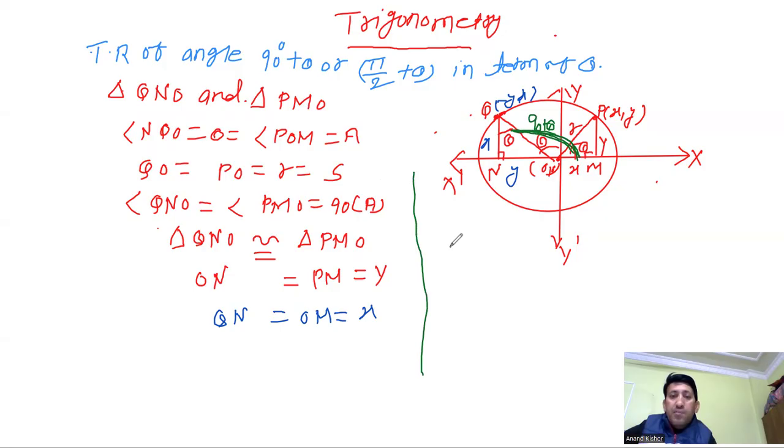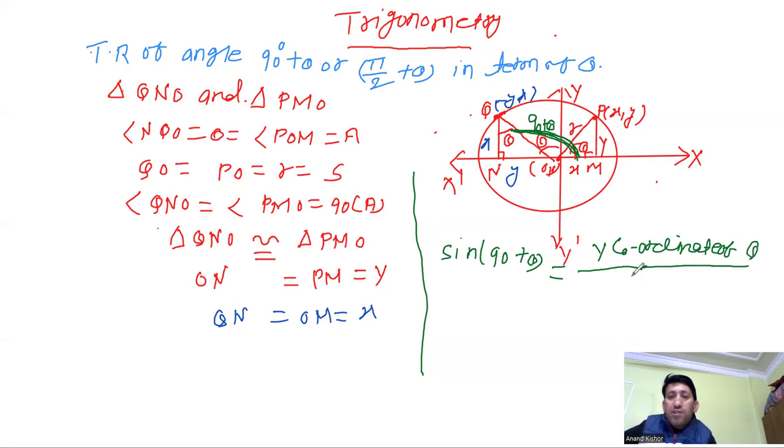Writing here sine 90 plus theta. We know very well, sine 90 plus theta is what? Whatever angle there is, sine means the Y coordinate of Q divided by the radius.